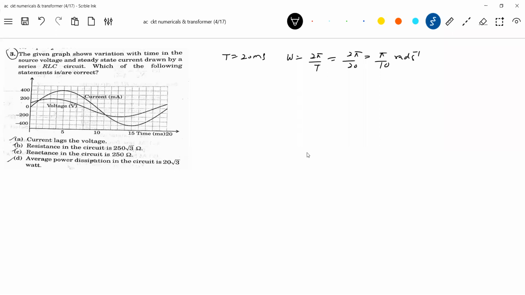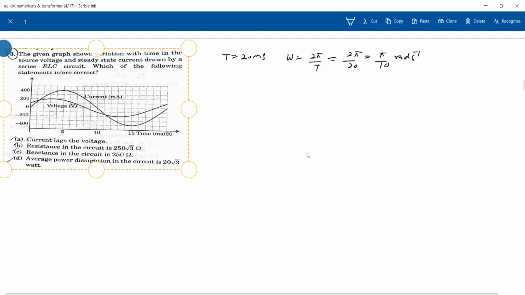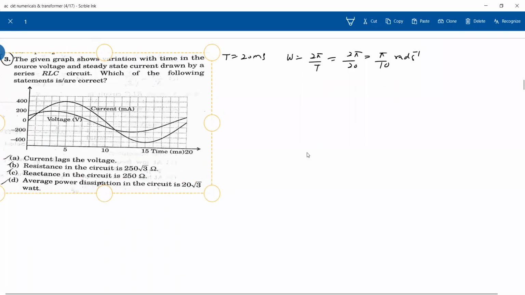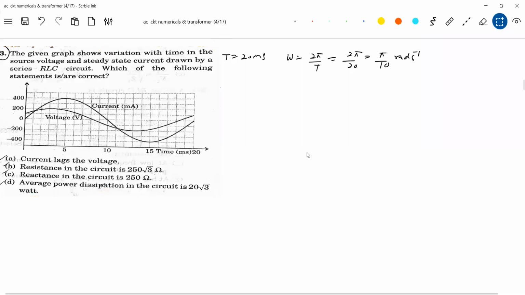Current leads the voltage, or voltage leads the current, lags the voltage, no? Sir, omega should be 100 pi, sir. Milliseconds, no, it is 20 milliseconds. 20 into 10 to power of minus 3. 100 pi, yeah.